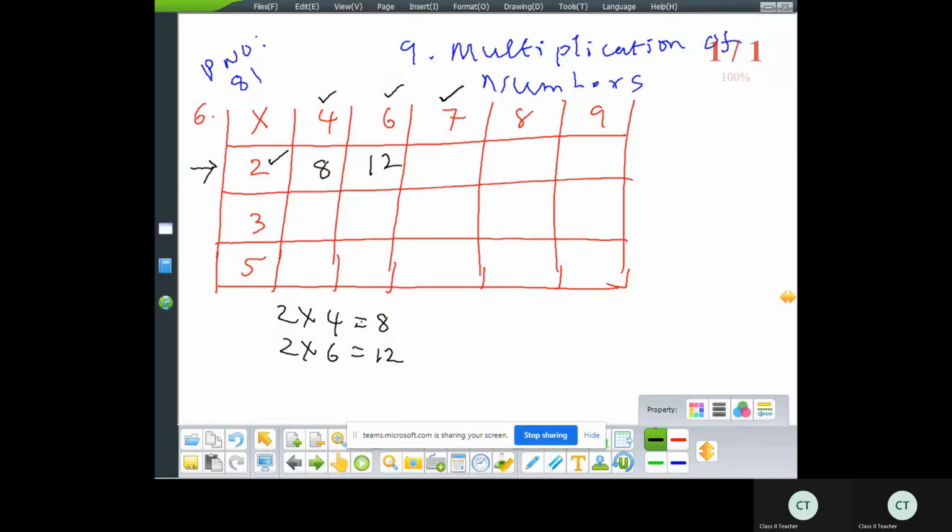Next, 2 7s are 14. Next, 2 8s are 16. Next, 2 9s are 18.